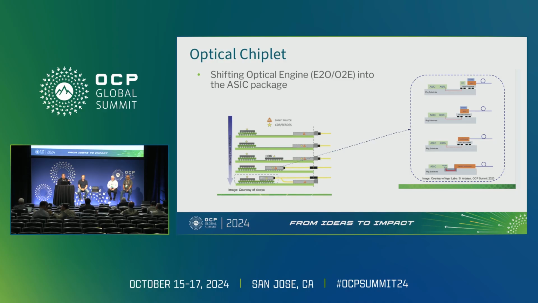And then slowly we brought the SerDes and CDR closer to the package, which we call near package optics. And eventually, we are moving the optical engine, as we call it E2O or O2E, inside the package, and it's basically the co-packaged optics as we are talking.